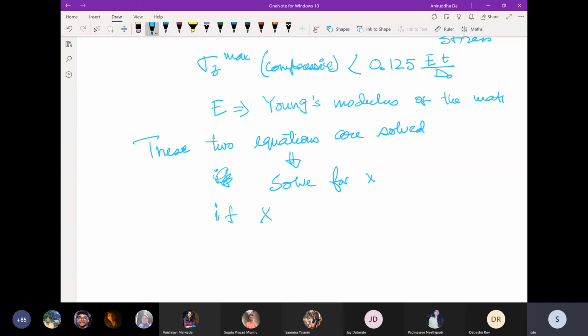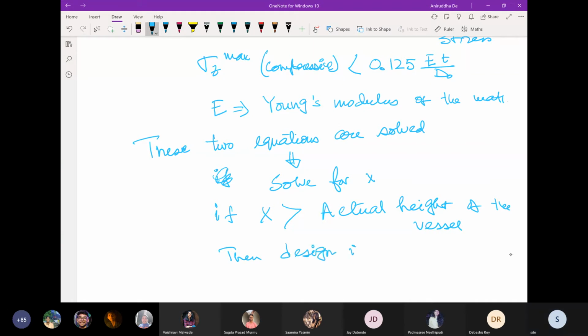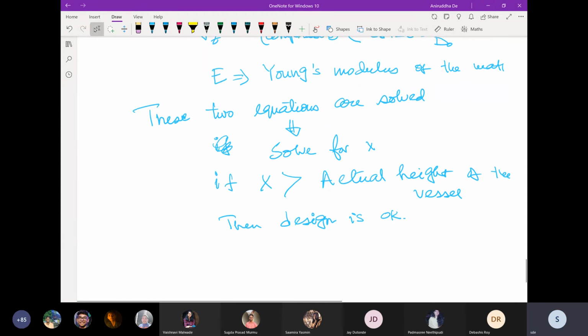If X is greater than the actual height of the vessel, then the design is all right. If it is not, what will be the option?